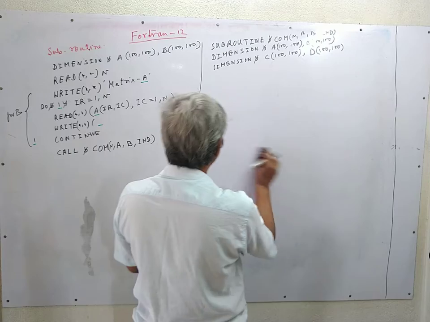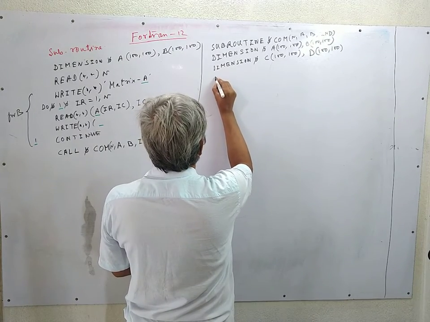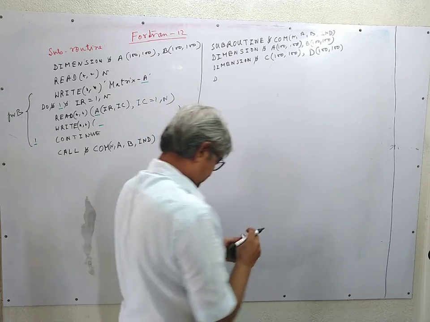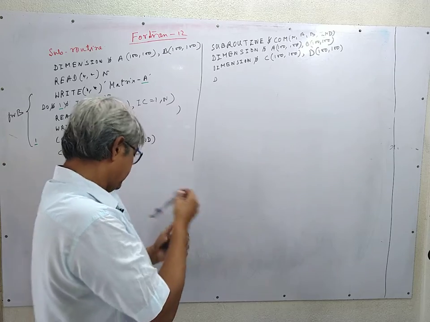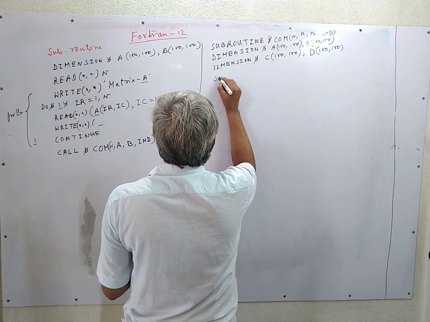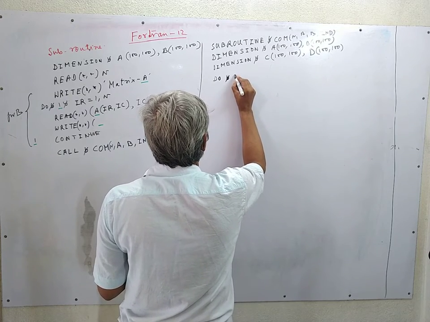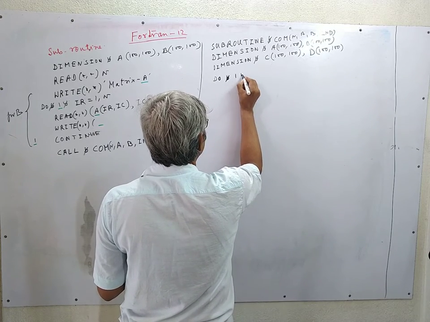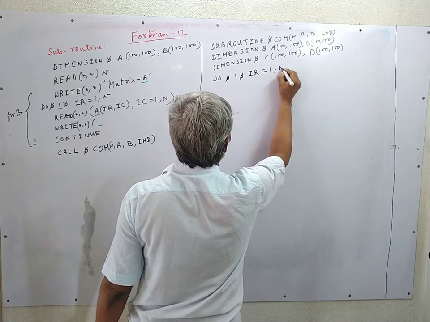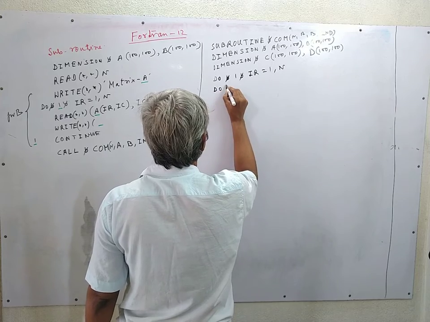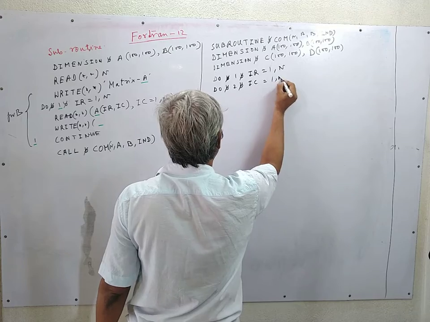So first is do 1, IR is equal to 1 comma n, do 2, IC is equal to 1 comma n.